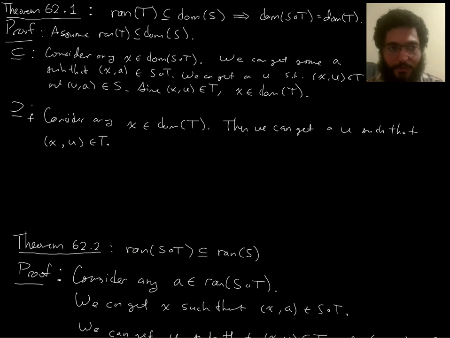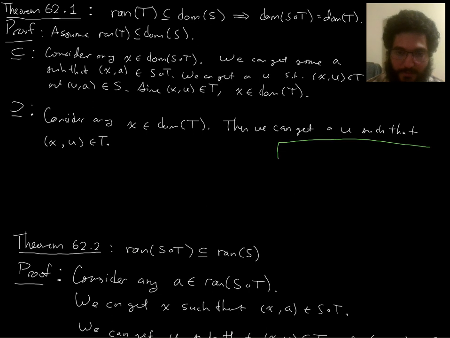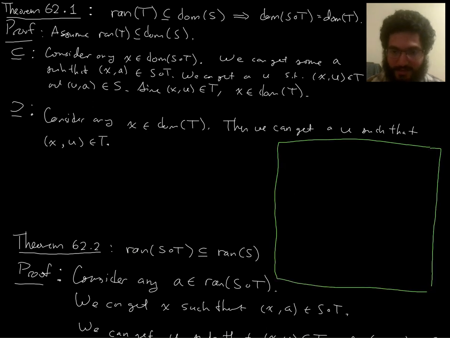Let's think about our goal at this point. So, goal thinking area here. So the goal is to prove that x is in the domain of S composed with T. That's the goal. So in other words, we're trying to do an existential generalization, right?